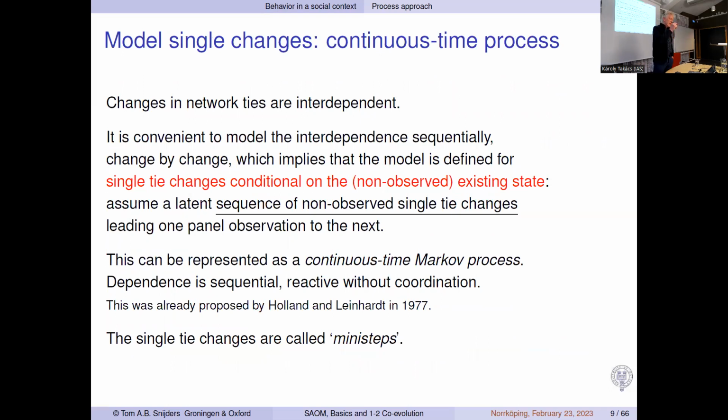Think of a network and think of a changing network, then of course changes in the ties in the network are interdependent. And Holland and Leinhardt already in 1977 made a very important proposal: to study a changing network, you can assume, even with panel data, that unobserved, there is a continuous time process in which all kinds of changes occur after each other without being observed.